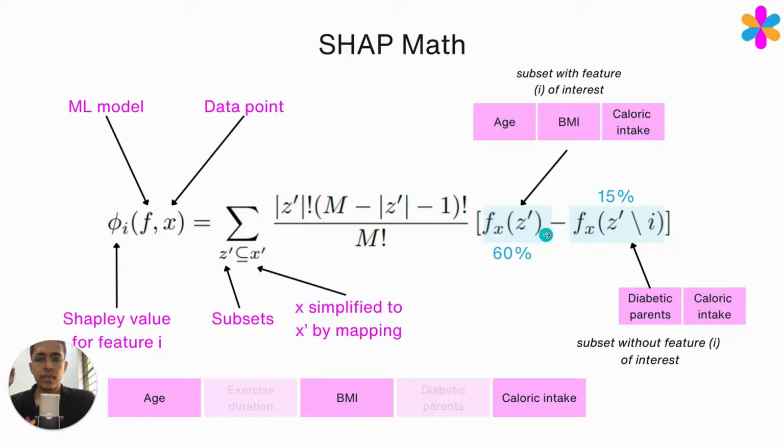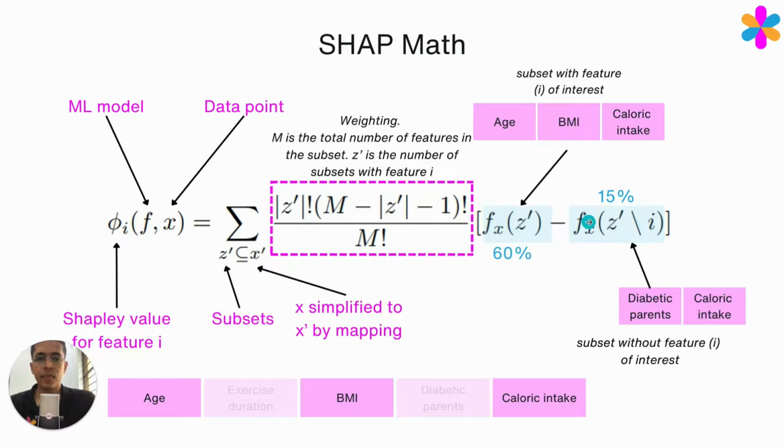And this term is a weightage term where M is the number of features within the subset. So here there are 3 features in this subset, and Z prime is the number of subsets in which feature I is present.